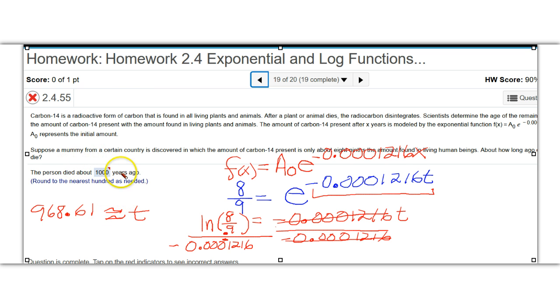But then when I looked at what they wanted here, they say round to the nearest 100. It fooled me because I put this in there originally, thinking this was hundredth. No, hundred. So if you're rounding this to the nearest 100, in the hundreds place there's a 9.